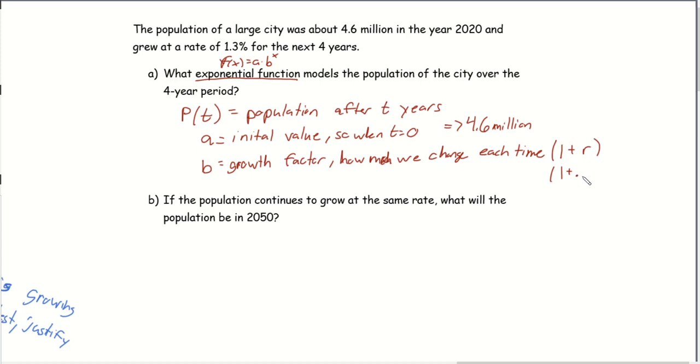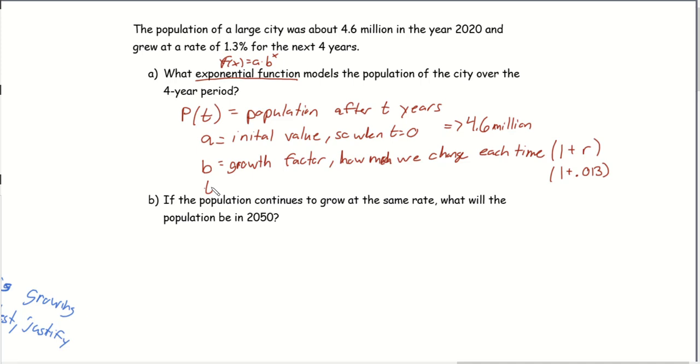I just shifted over 2 decimal places. And I'm adding it to 1 because that's like 100%. I'm taking 100% of the population and then adding another 1.3% the next year and every year into the future.